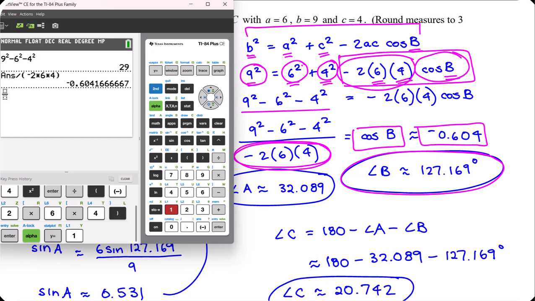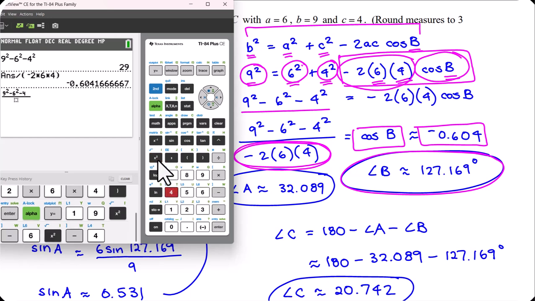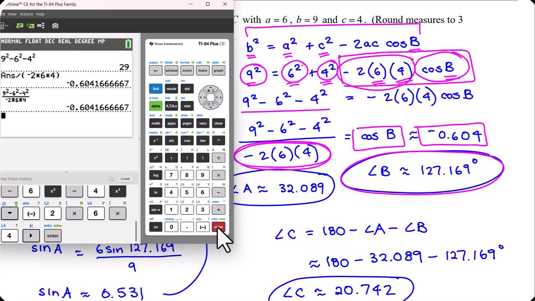Then you can do this again: 9 squared, subtract 6 squared, subtract 4 squared, and then here you don't need parentheses, negative 2 times 6 times 4, and enter, and I hope we get the same thing, and we do.